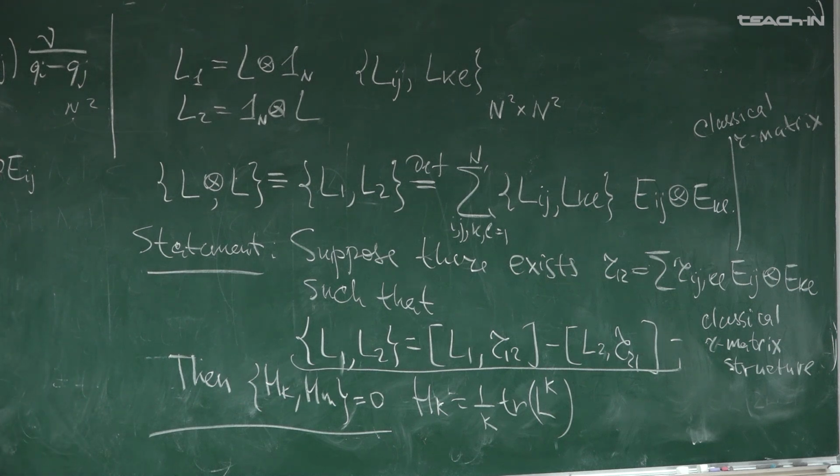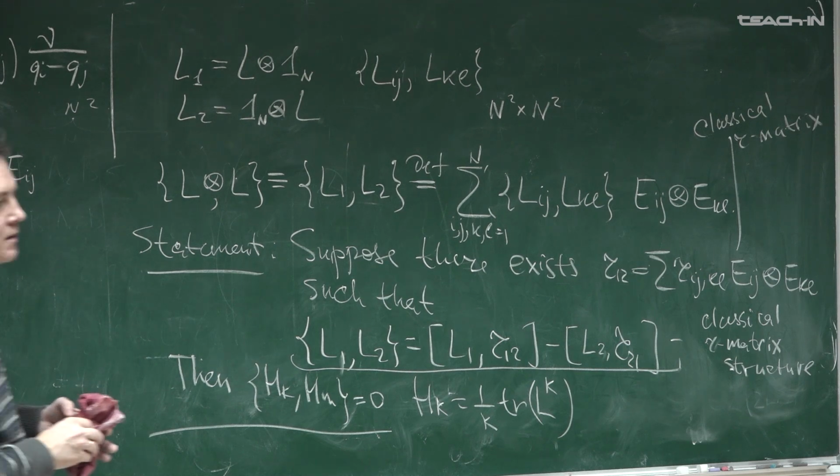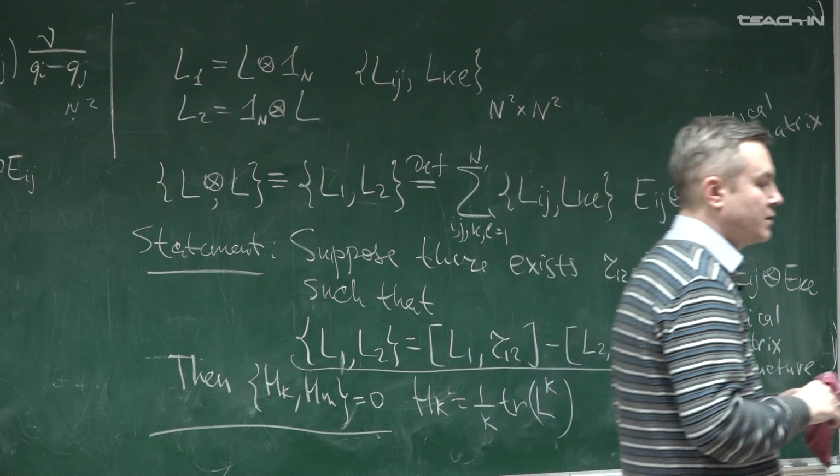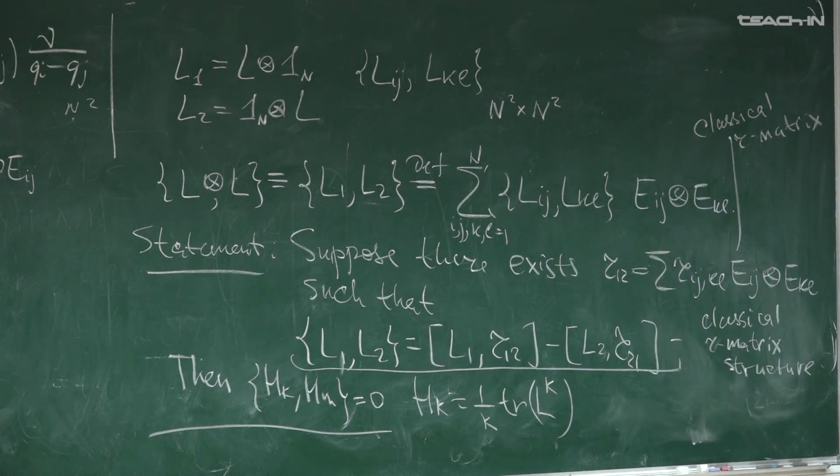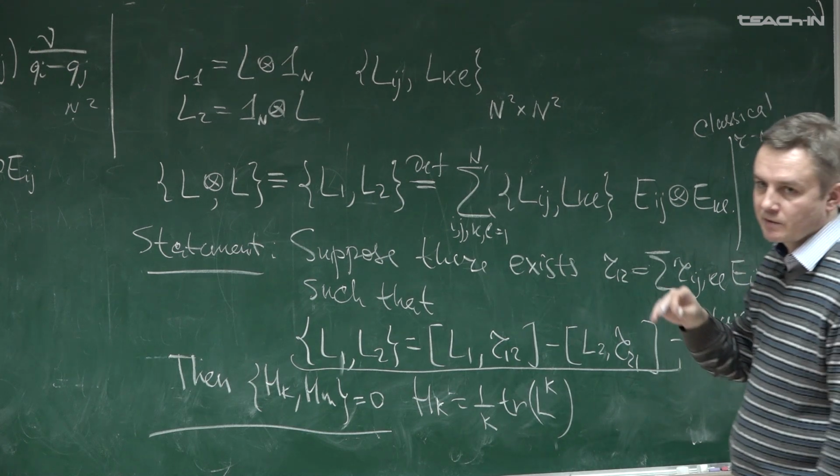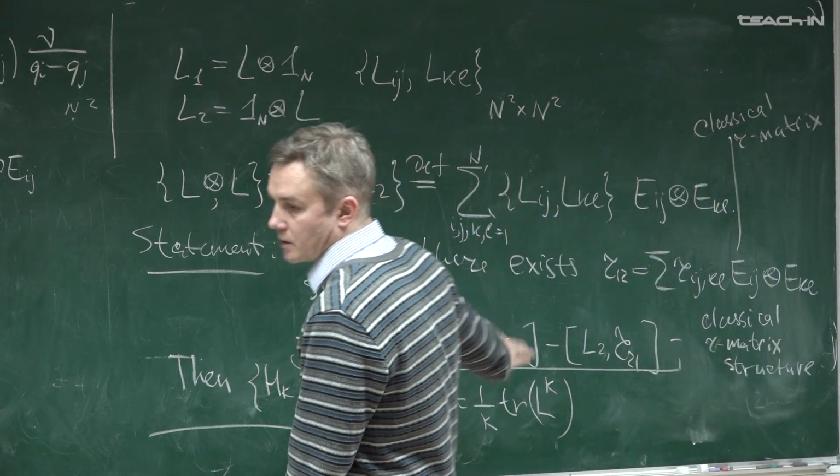Okay. And why are we discussing details of classical integrable systems at this level? This is just because at the quantum level we are going to deal with quantum analogues of all these objects. We'll have a quantum Lax operator instead of the classical Lax matrix, and we'll have a quantum R matrix instead of the classical R matrix.